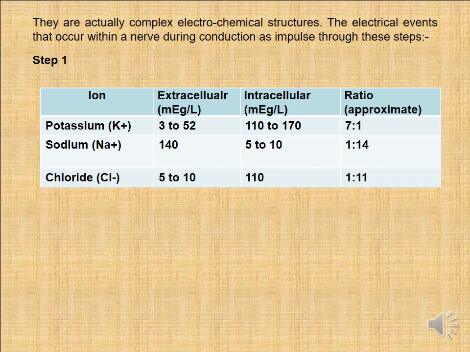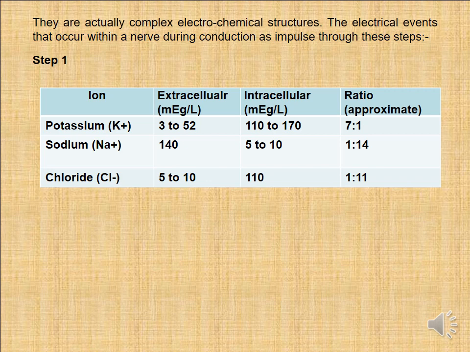there are potassium, sodium and chloride ions. The potassium ion is positive in charge. Extracellular is 3 to 5.2 mEq per liter, and intracellular 110 to 170 mEq per liter, an approximate ratio of 7 to 1 from extra to intracellular.